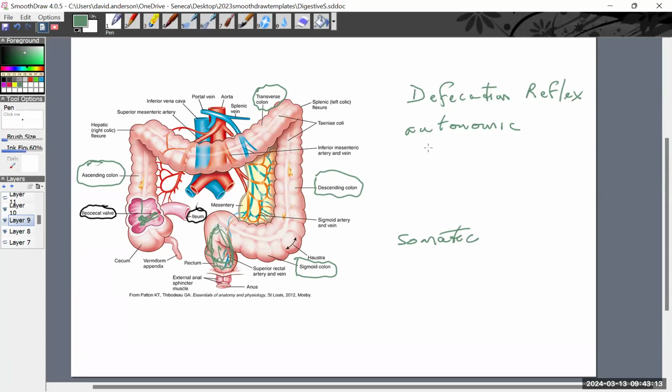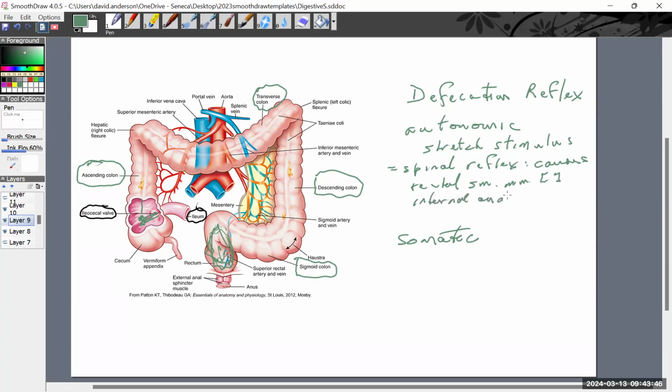So the stretch stimulus creates a spinal reflex that causes rectal smooth muscle to contract and the internal anal sphincter to relax.